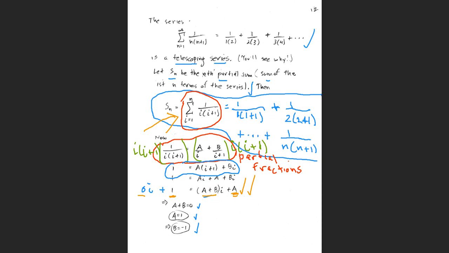And then the coefficient of I, A plus B, would have to equal the coefficient of I on the left, which is 0 times I. Hence, A plus B equals 0, A equals 1. If A equals 1, then by virtue of this equation here, A plus B equals 0, B would have to equal negative 1.